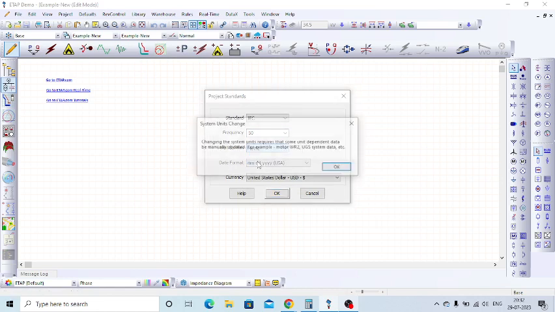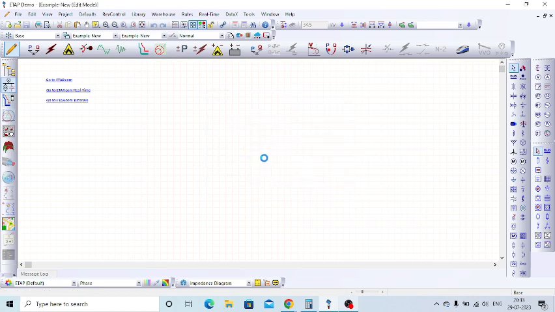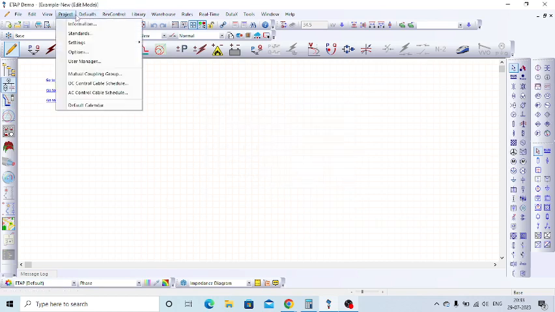So the IEC standard is IEC, frequency is 50 Hz, unit system is metric. English for ANSI and metric for IEC. Then the date format is date, month, year, then okay. So this setting has been done.